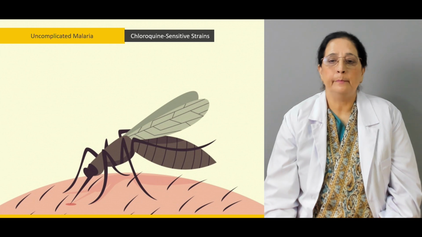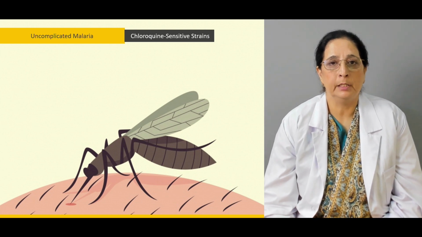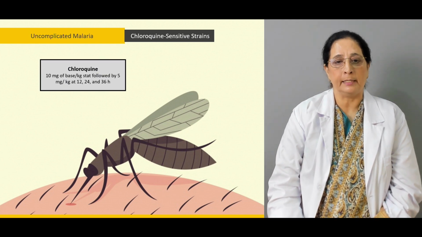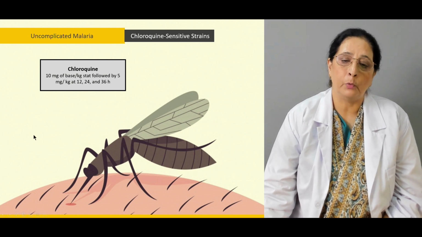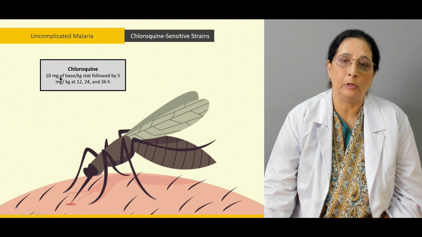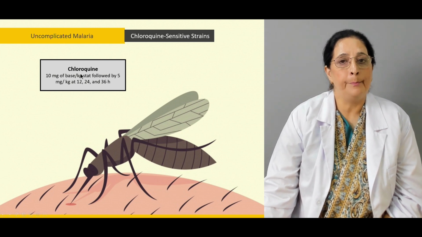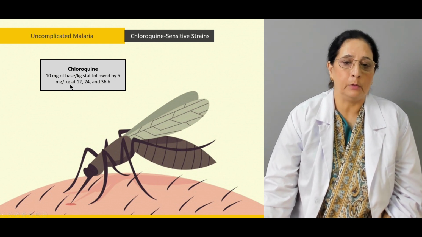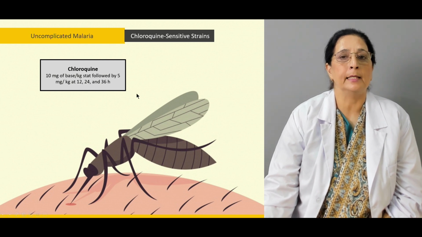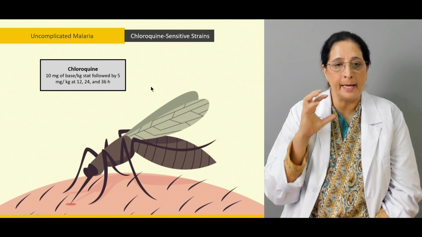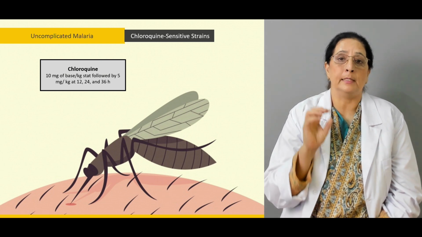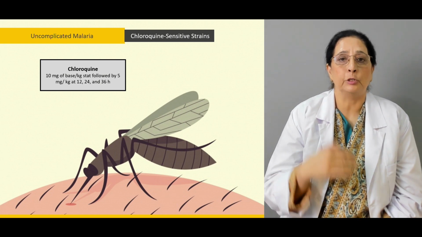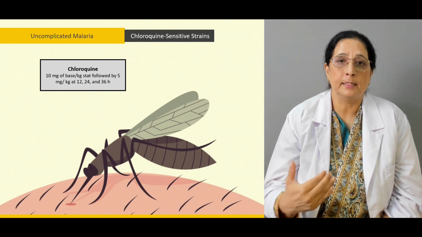Now, uncomplicated malaria, which is usually caused by chloroquine sensitive strains, how can we treat that? We treat it with chloroquine, 10 milligram of base per kilogram stat, followed by 5 milligram per kilogram at 12, 24, and 36 hours.